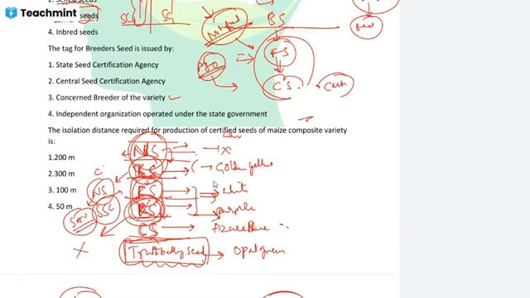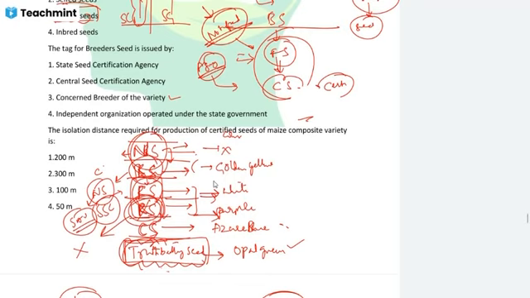Yes, sir. Any seed which is sold in the market, generally. Yes, very good. So any seeds outside this certification chain can be called truthfully labeled seeds. So why the name truthfully labeled seeds?